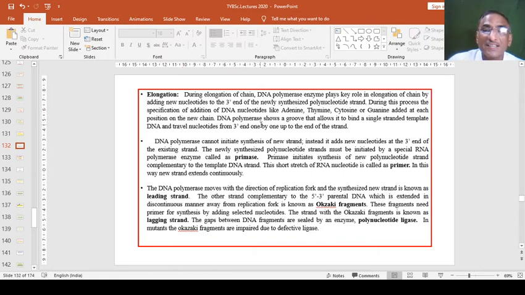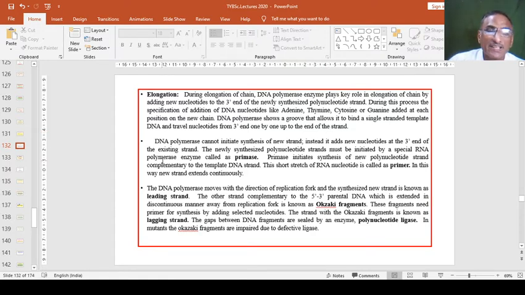DNA polymerase has a groove that allows it to bind a single stranded template DNA and add nucleotides from the 3' end one by one up to the end of the strand.